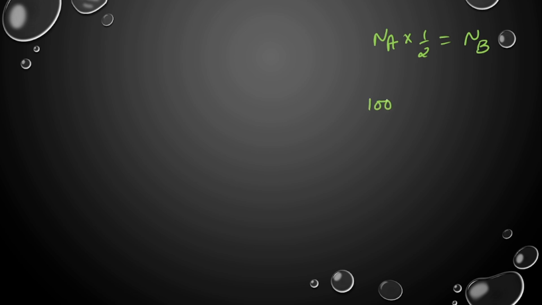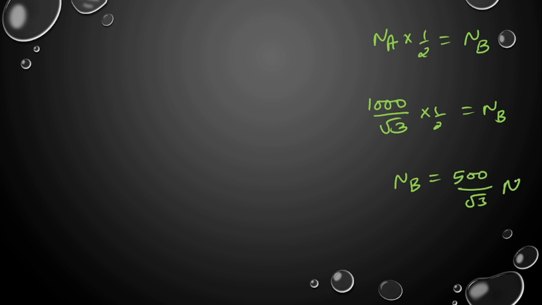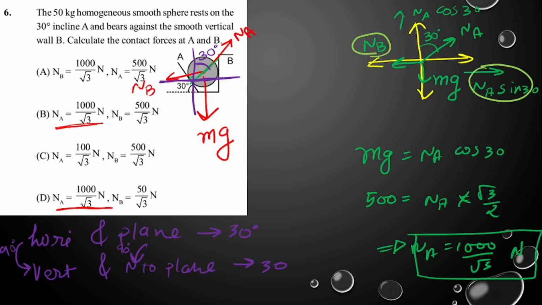NA is 1000 by root 3 into 1 by 2 equals to NB. So NB comes out as NB equals to 500 by root 3 newtons. Please check the answers. NB is 500 by root 3, so our correct answer is option B.